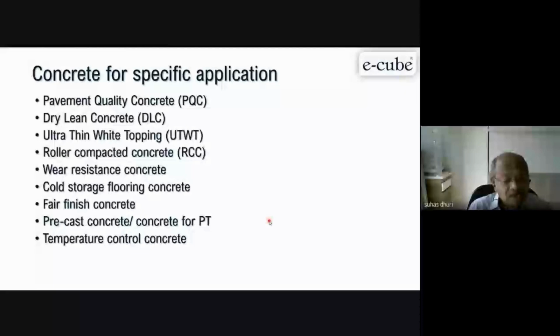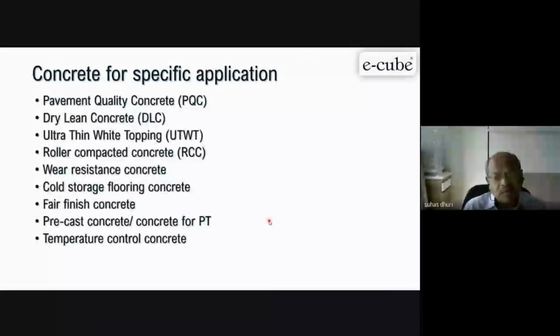Then precast concrete. Now this technology is picking up, and maybe in the next 10 years it will go in a regular way. For precast concrete the requirement is different: early strength design is required and a good finish is required, because we are not doing any repairing on those elements later on.